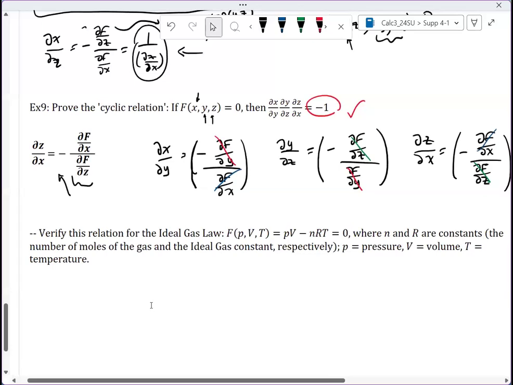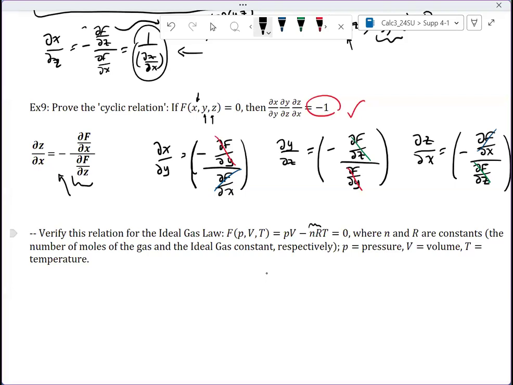Okay. And then working off of example 9, let's actually work with a specific function, the ideal gas law, f of P, V and T equals PV minus nRT equals 0. And here n and R are constants.